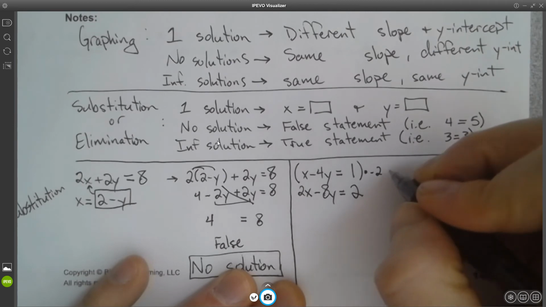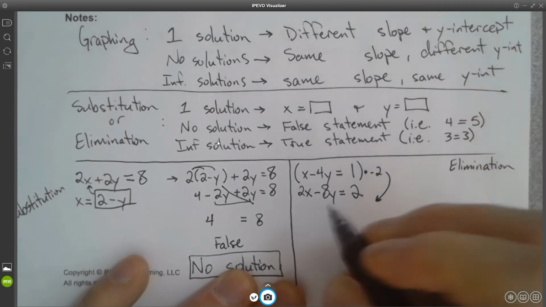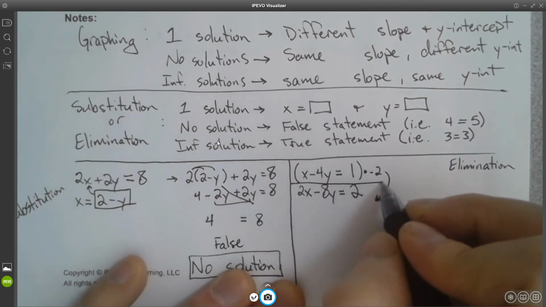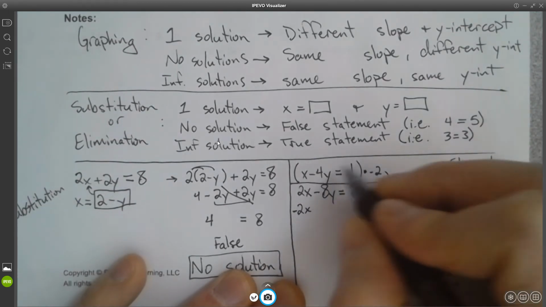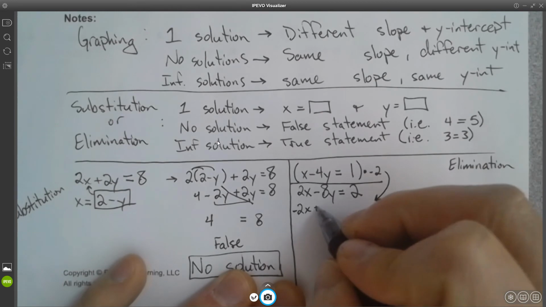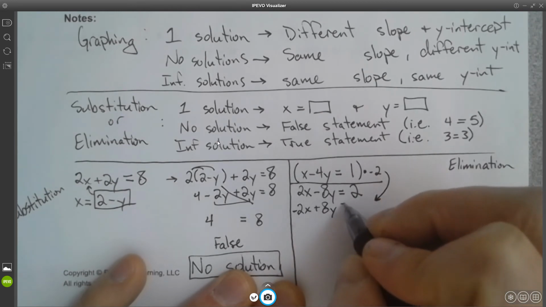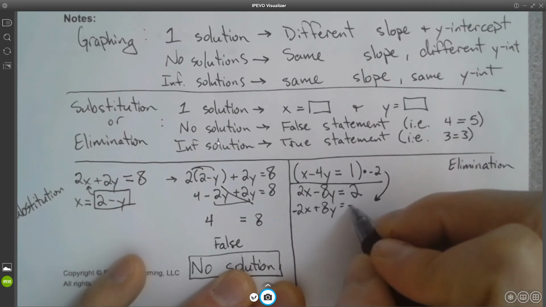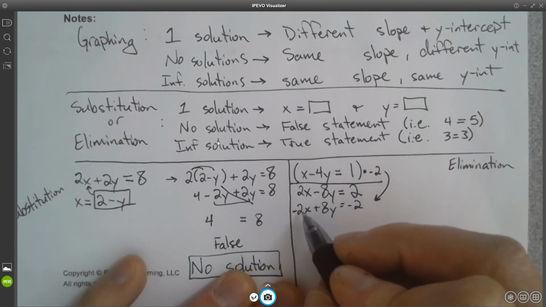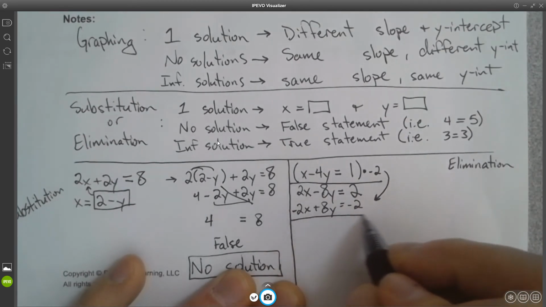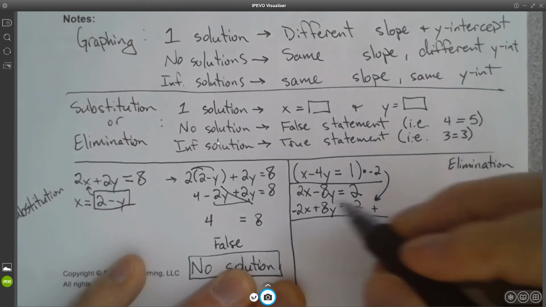So then that top equation will become negative 2 times x is negative 2x, negative 2 times negative 4y is positive 8y, and negative 2 times 1 is negative 2. So now that I have opposite coefficients on x, I can add those two equations together.